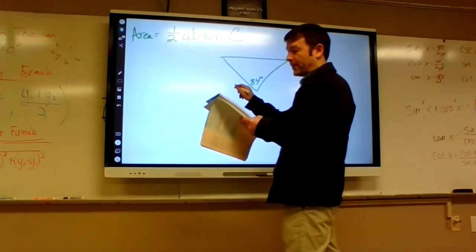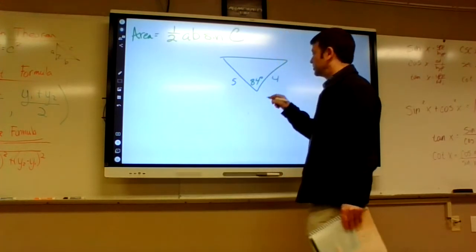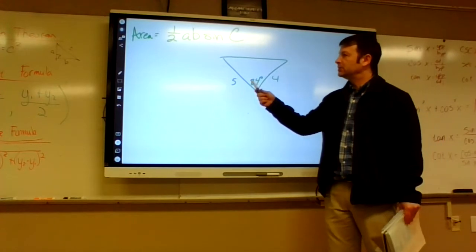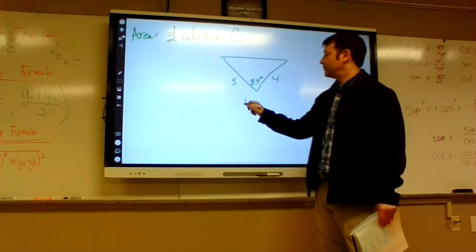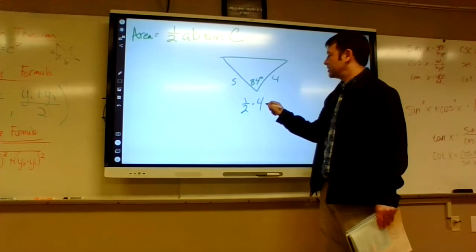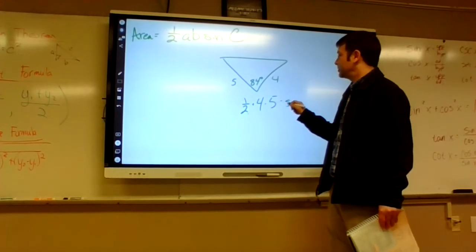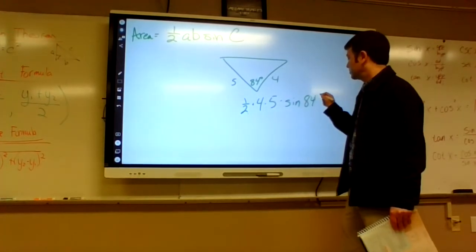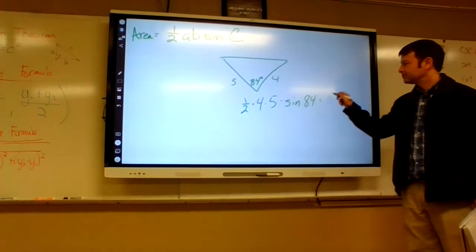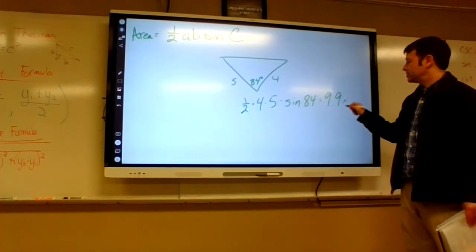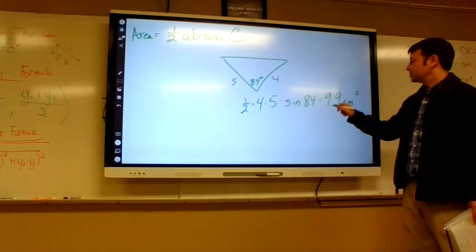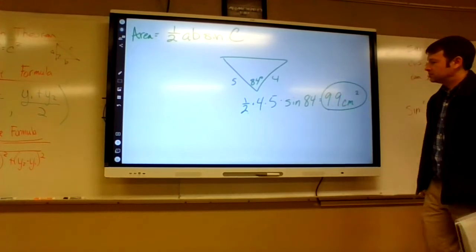So we've got 5, 4, and 84. We just plug those in. So it's 1/2 times 4 times 5 times sine of 84. 9.9 centimeters squared.